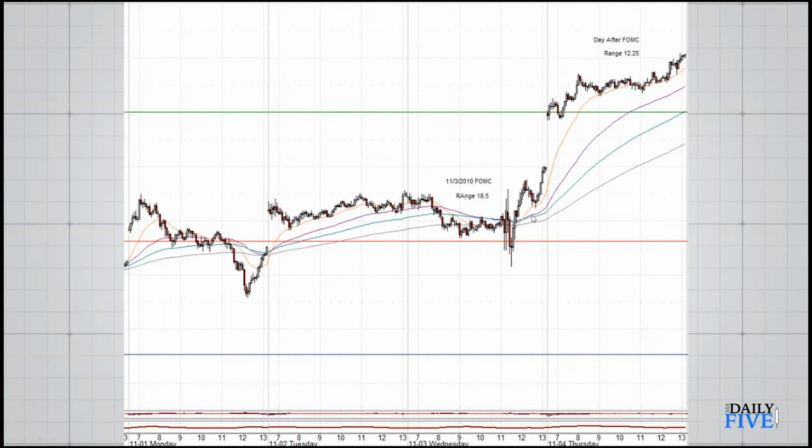That can be a variation traders should be aware of. Then we have the gap up open the next day and an upward trending move. Again, this was 10 years ago and very, very similar characteristics.